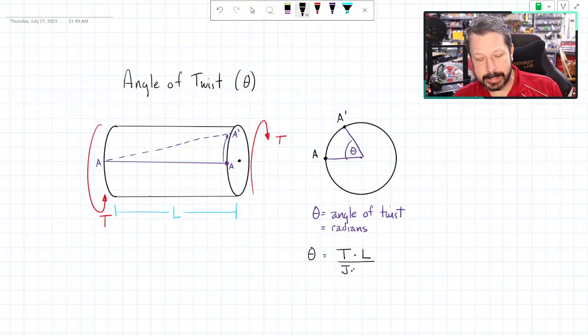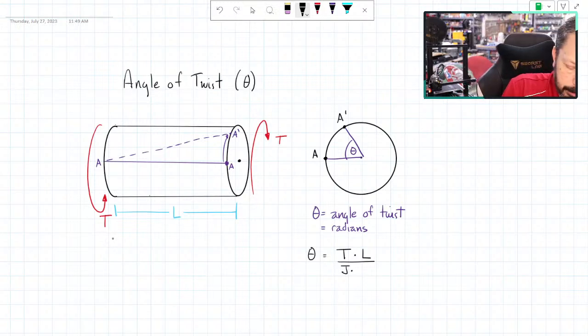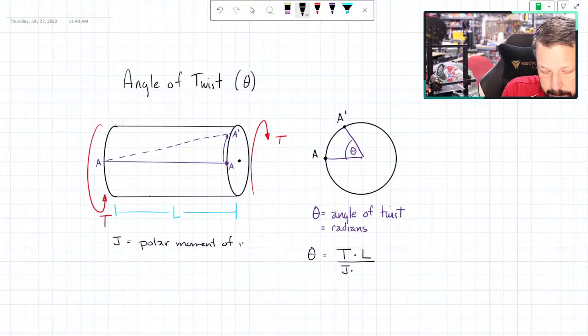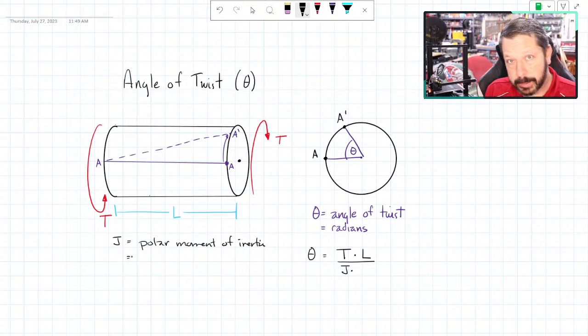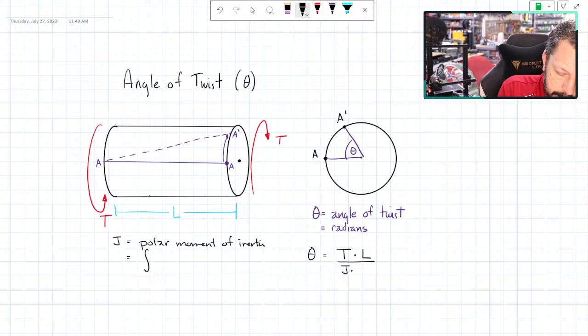We talked about that last time. So remember, we had a couple of things that it could be. The actual equation for polar moment of inertia would be the integral of rho squared dA.